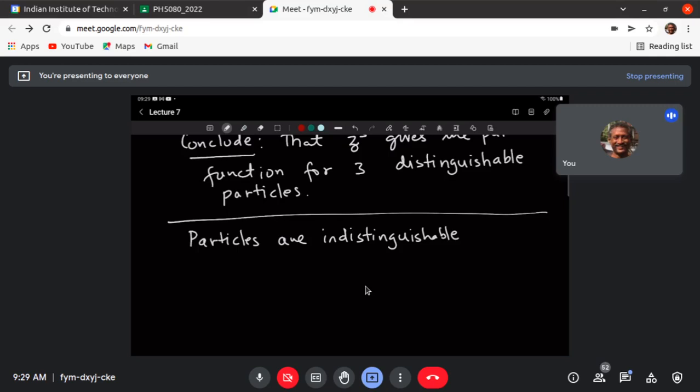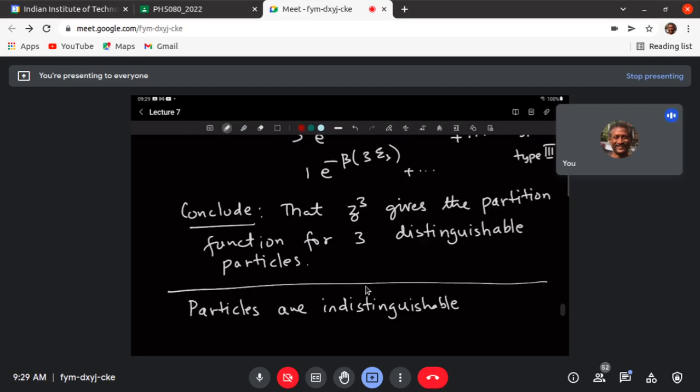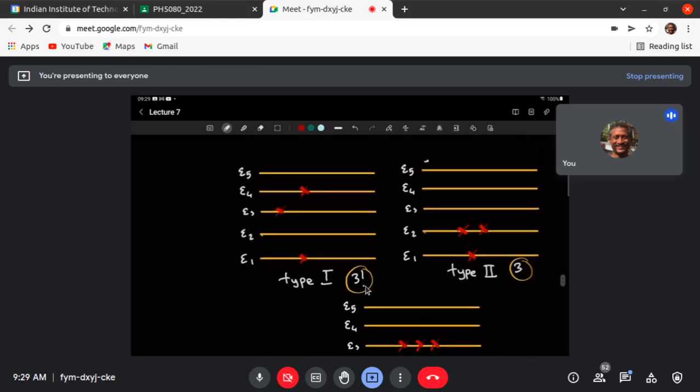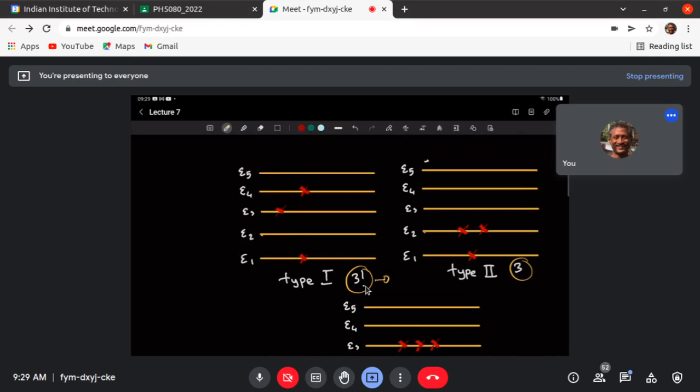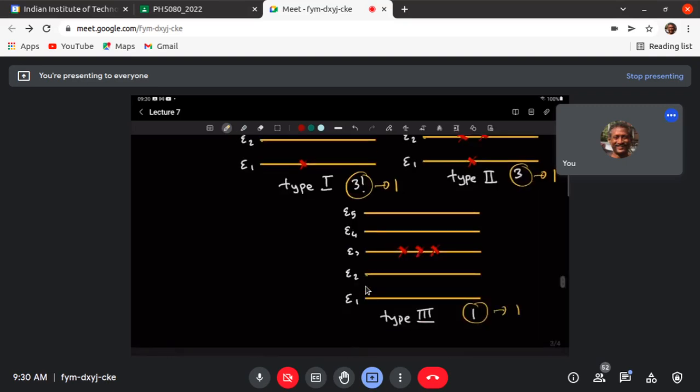So particles are indistinguishable. Now if you ask what is the degeneracy, I'm going to write the degeneracy in yellow. How many configurations are there if they were indistinguishable? 3 factorial becomes 3 factorial by 3 factorial, so it becomes 1. There's only one configuration. You give me the energies and you get 1. So this goes to 1, whereas this is for distinguishable.